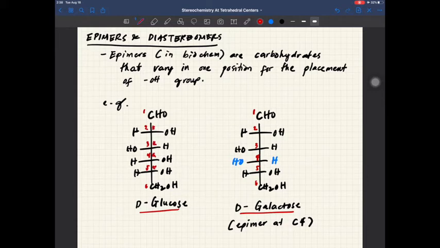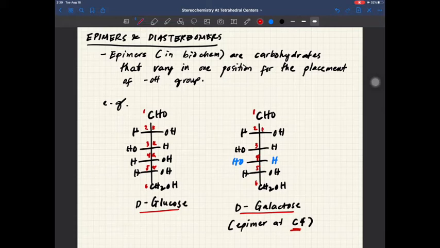Epimers are basically forms of carbohydrates that only vary in one position. So in the context of D-glucose and D-galactose, D-galactose is an epimer of glucose at carbon number 4 due to the fact that it only differs in the orientation of its substituent at carbon number 4. At carbon number 1, you don't have a chiral center at this position.